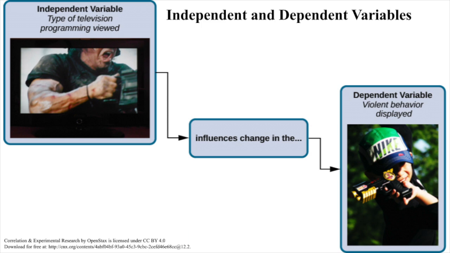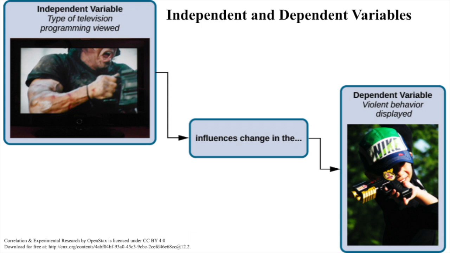A dependent variable is what the researcher measures to see how much effect the independent variable had. In our example, the dependent variable is the number of violent acts displayed by the experimental participants. We expect that the dependent variable will change as a function of the independent variable. In other words, the dependent variable depends on the independent variable.